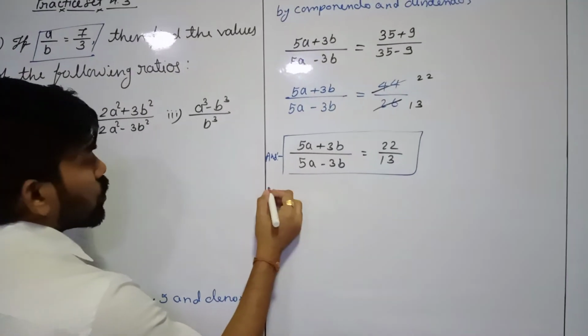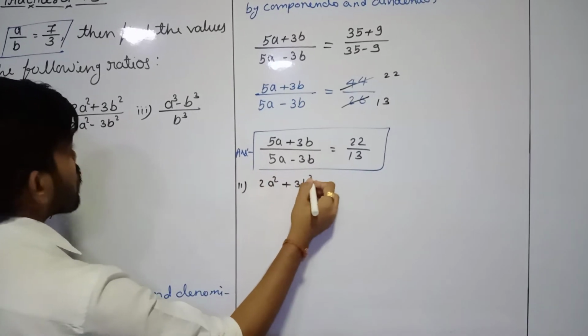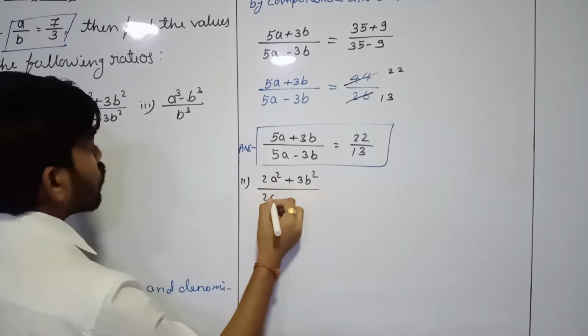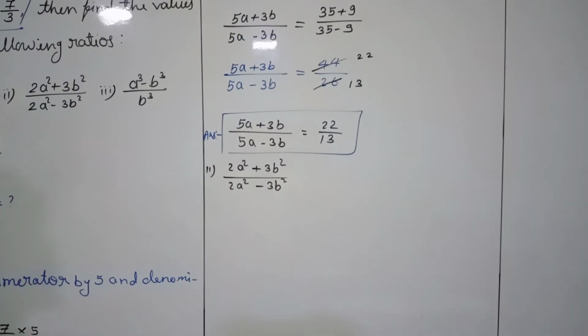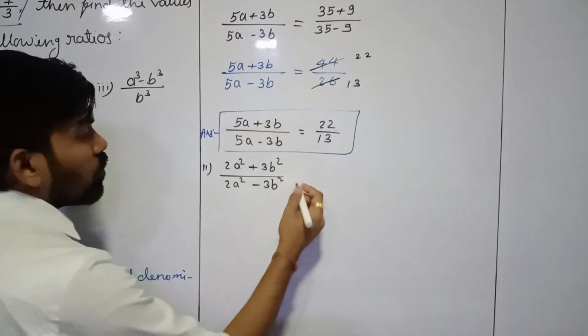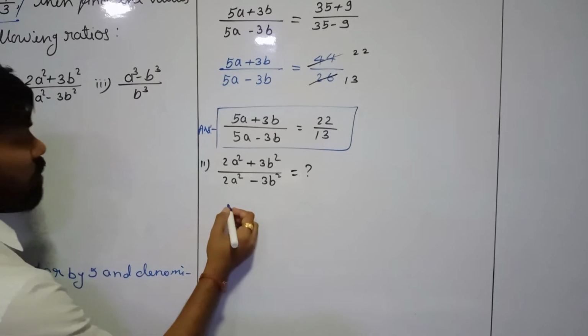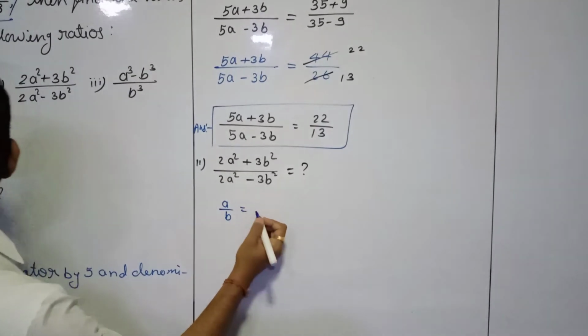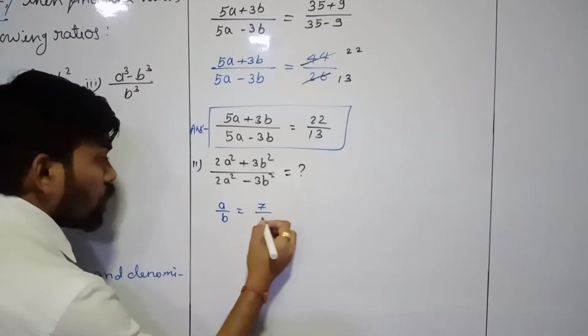The sum number 2: we have 2a square plus 3b square upon 2a square minus 3b square, which again we need to find out. For that we have a upon b is equal to 7 upon 3.